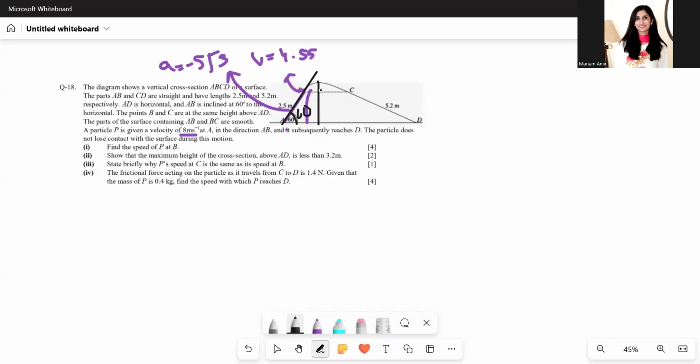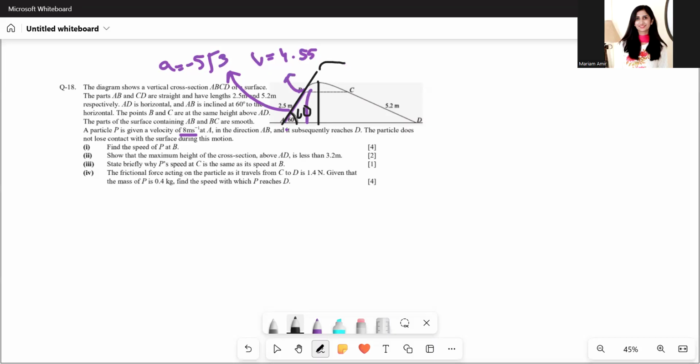Then if we consider it to be a straight line motion, which it is actually not, but we're considering it, this would be the highest spot, where the speed is 0, and here the speed is 8, and the acceleration is going to stay the same as part 1, which came out to be minus 5 under root 3, because forward force minus backward force is equal to ma would stay the same.